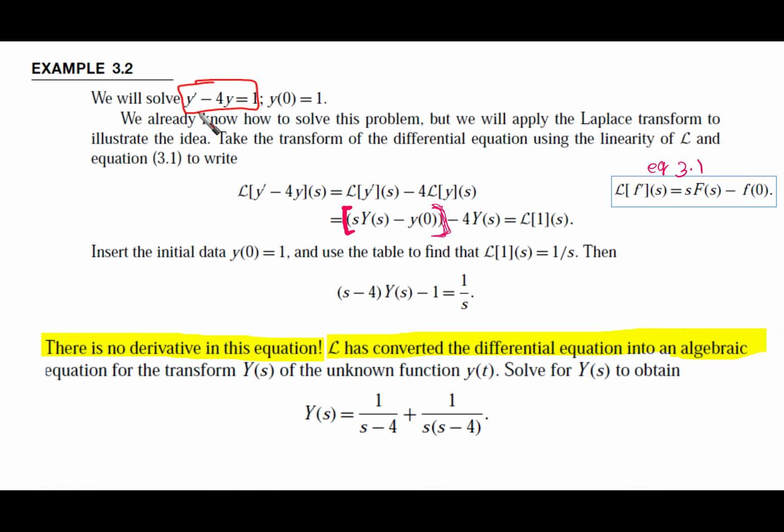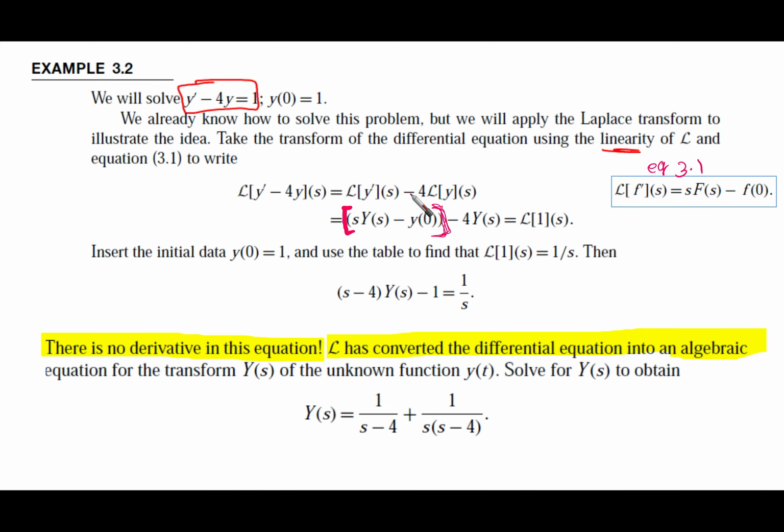Now we look at the equation y prime minus 4y equal to 1. Let's take the Laplace transform of the two sides, the left hand side and the right hand side. So the Laplace transform of y prime minus 4y, with s as our variable, equals, by linearity, the Laplace transform of y prime, which is the first term, minus 4 times the Laplace transform of the function.